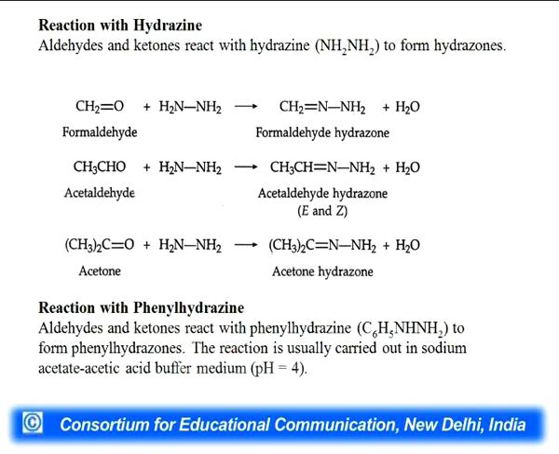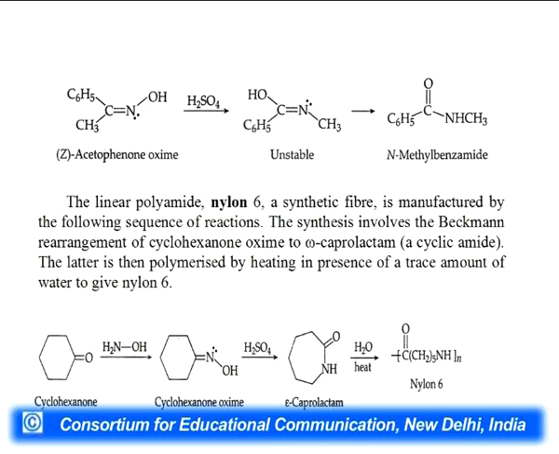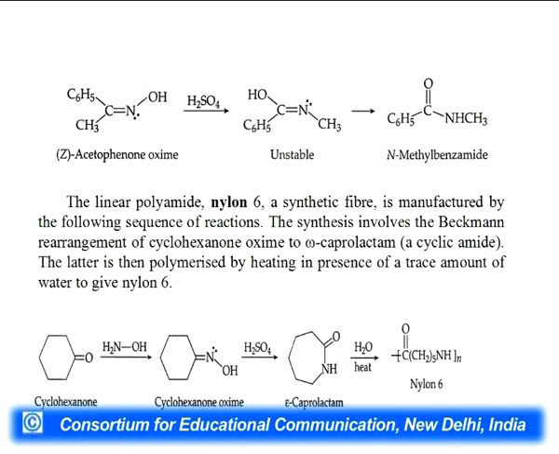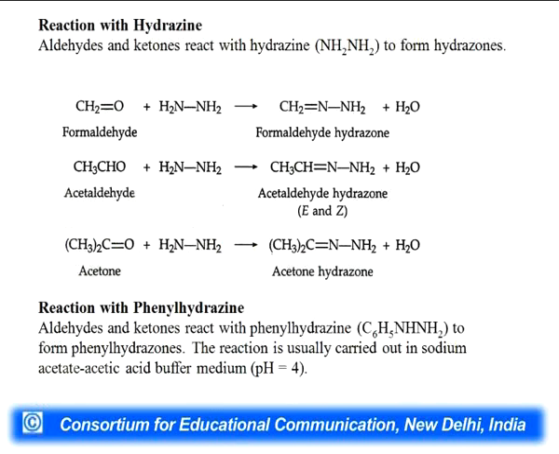If the groups of higher priorities reside on opposite sides, it will be E. As we can see in the previous reaction, it is E, and it will be Z for acetophenone. So, these are basically related to the stereoisomers of alkenes.